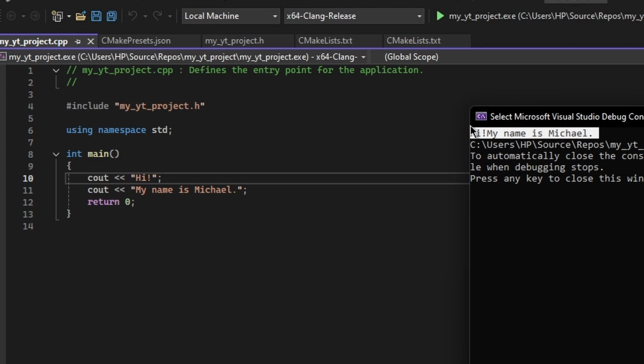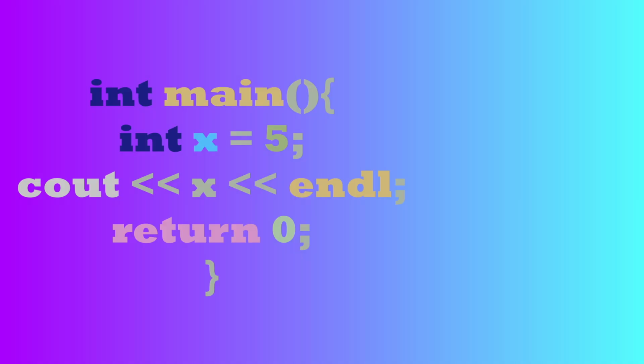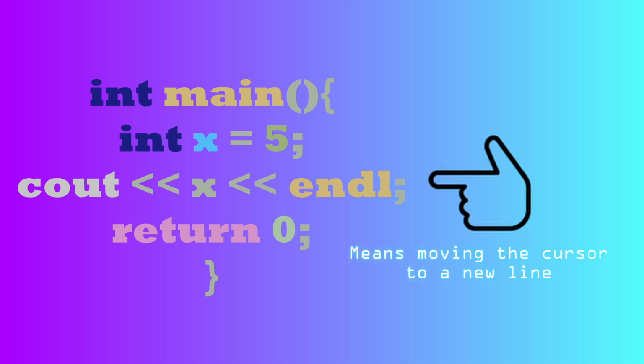If we want to print separate lines of output to the console, we need to tell the console to move the cursor to the next line. We can do that by outputting a new line. A new line is a specific character or sequence of characters that moves the cursor to the start of the next line.